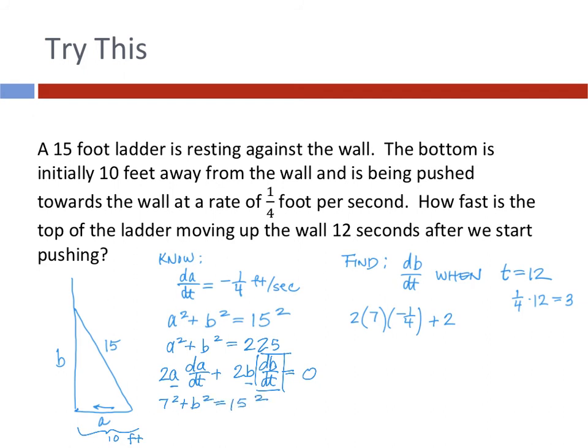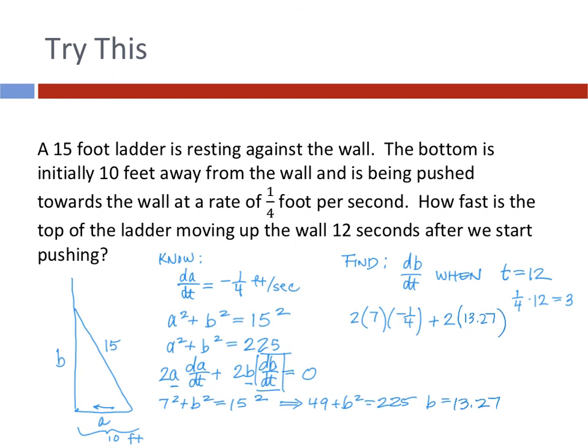So 49 plus B squared equals 225. And now solving for B, we get 13.27.